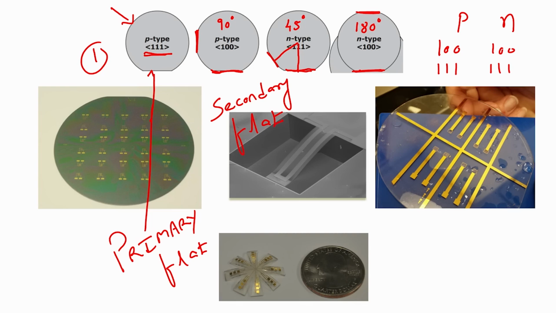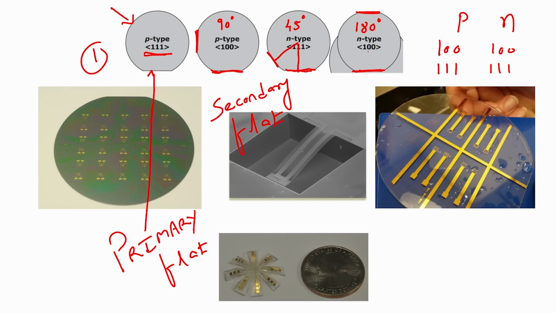That means that if I have a wafer in which the secondary flat is at 90 degree, I have p type 100. If I have a wafer in which there is no secondary flat, I have p type 111. If the secondary flat is at 45 degree, I have n type 111.